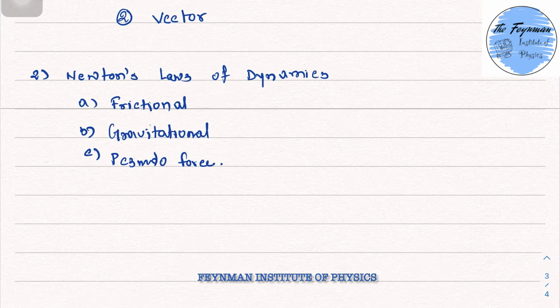Now after this, we will modify Newton's law in the context of energy, and the simplest way of changing energy from one form to another, that is work. So energy and work energy will be our third module.